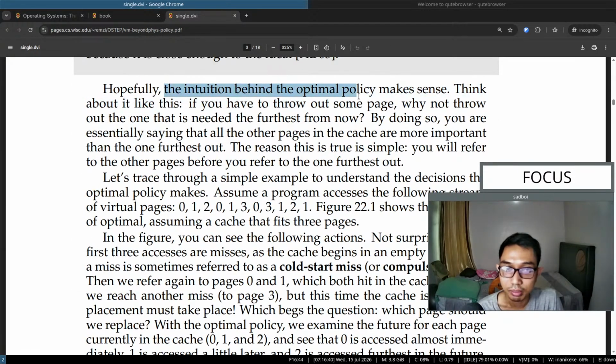Hopefully the intuition behind this optimal policy makes sense. Think about it like this: if you have to throw out some page, why not throw out the one that is needed the furthest from now?